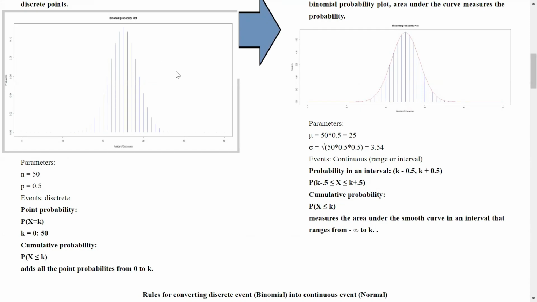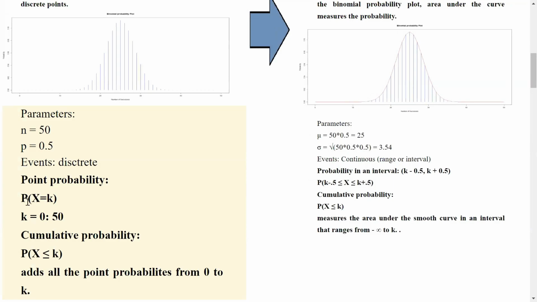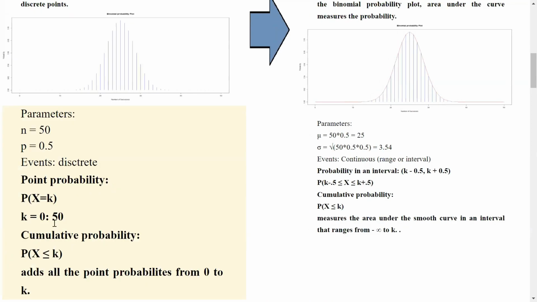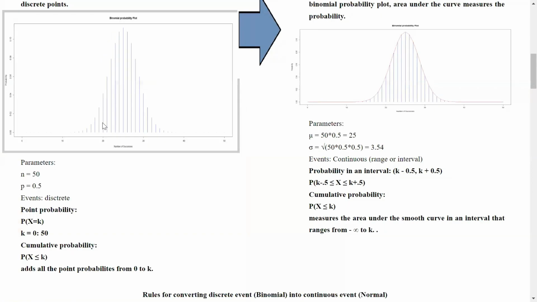In the binomial distribution, we consider these point probabilities P(X = k) at the discrete points, which range from 0 to 50. And the cumulative probability, like probability of random variable X less than or equal to k, adds all these point probabilities from 0 to k.